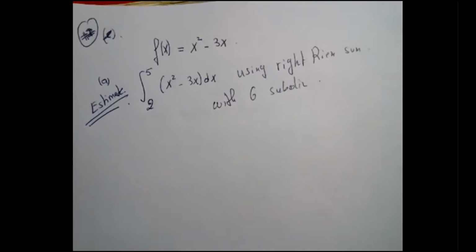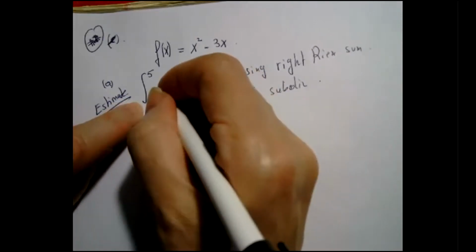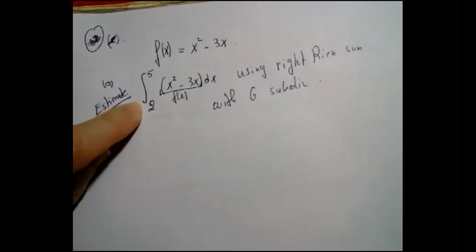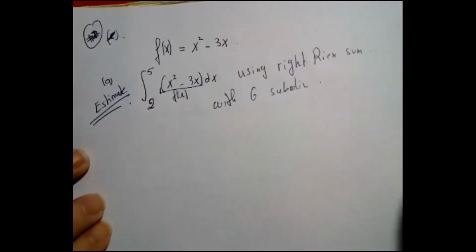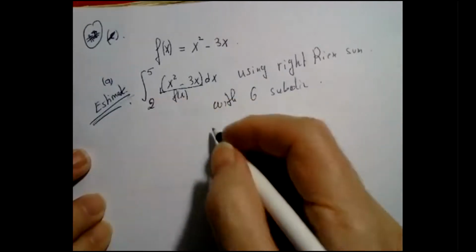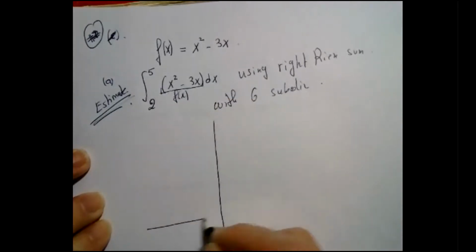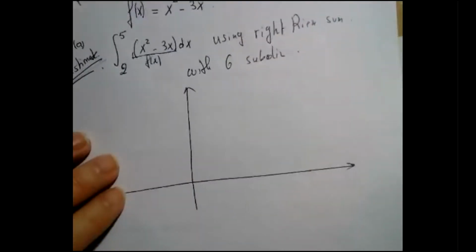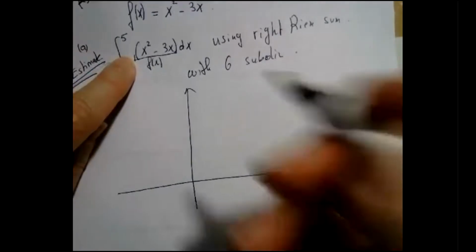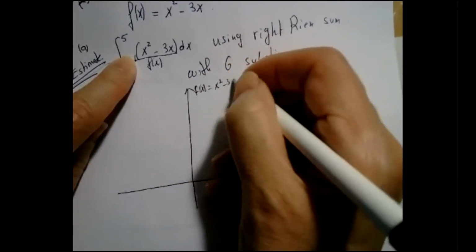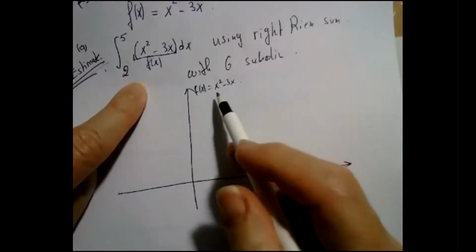So let's do that. So the function in question basically is this one. What is the definition of the definite integral? What do I mean by estimate? Estimate means basically we want to graph it. We don't have to, but I will graph it. I'm going to graph the function f of x equal x squared minus 3x.